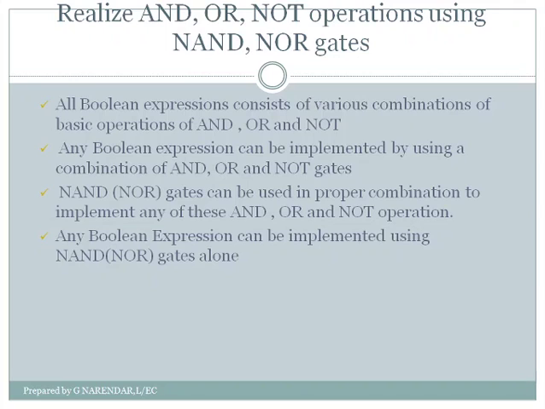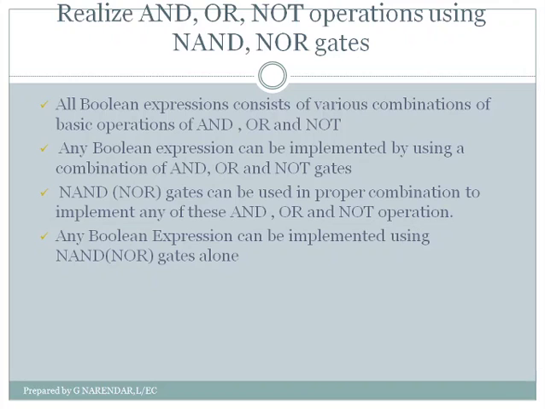NAND gates can be used alone to perform OR operation on the input variables without using OR gate. And NAND gates can also be used to perform NOT operation without actually using NOT gate. And this we will be calling realization of these operations using NAND gate.